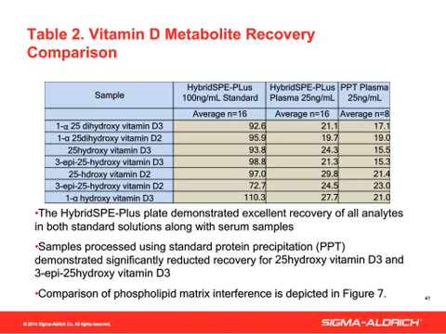Again, this is due to direct overlap of the phospholipids. As I said in the previous slide, the phospholipids elute directly in the range of the vitamin D metabolites. So using the hybrid plate sufficiently removes the phospholipids, and now you have a much better response as compared to the protein precipitated plasma sample.